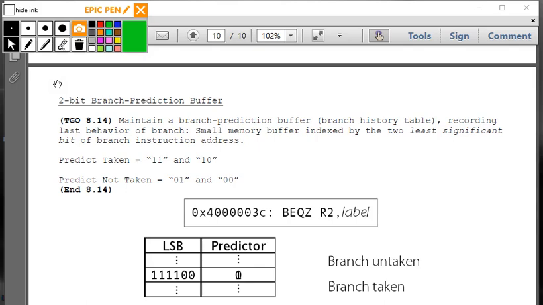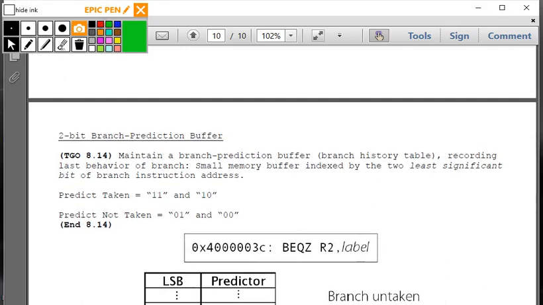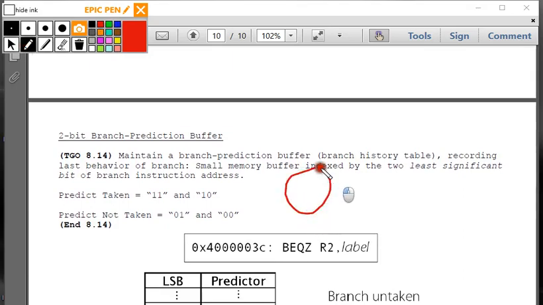But the whole idea is that first you're going to have this taken state. And so if you guess wrong, you go to this, that would be 1, 1. If you guess wrong, you're going to go to 1, 0. And if you guess wrong twice, you're going to go down to 0, 0.